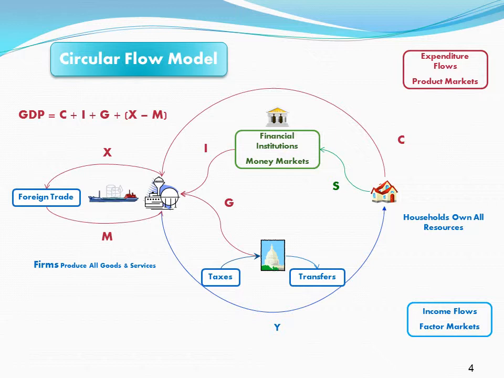The third element of this is an inventory adjustment that we'll talk about a little bit later. But the primary elements are expanding our physical capacity to produce, so plant, equipment, and housing. Government purchases of goods and services, not the transfers, but the purchases of goods and services. And exports minus imports.